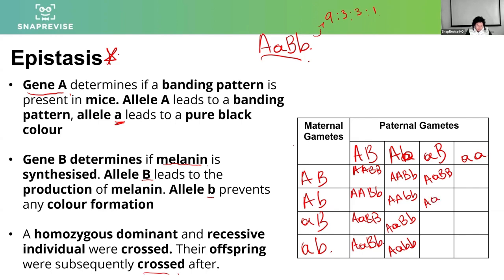So the way that you do the Punnett square is pretty much the same as when you have a classic dihybrid cross, right? It's at the stage of interpreting the phenotypes from the genotypes that we're going to get a different ratio, as you're going to see in 2 seconds.